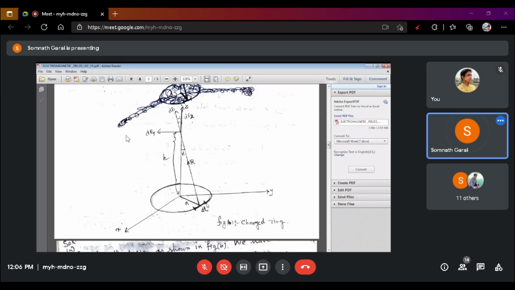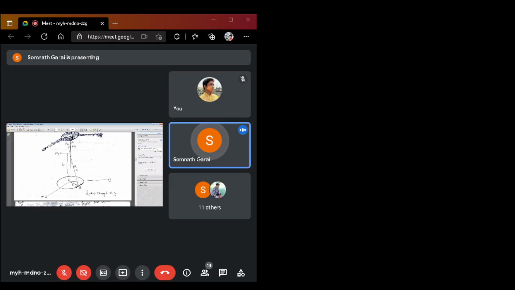So first we have to calculate the distance vector r from dl to E, the distance vector of the point with respect to these line charges dl.